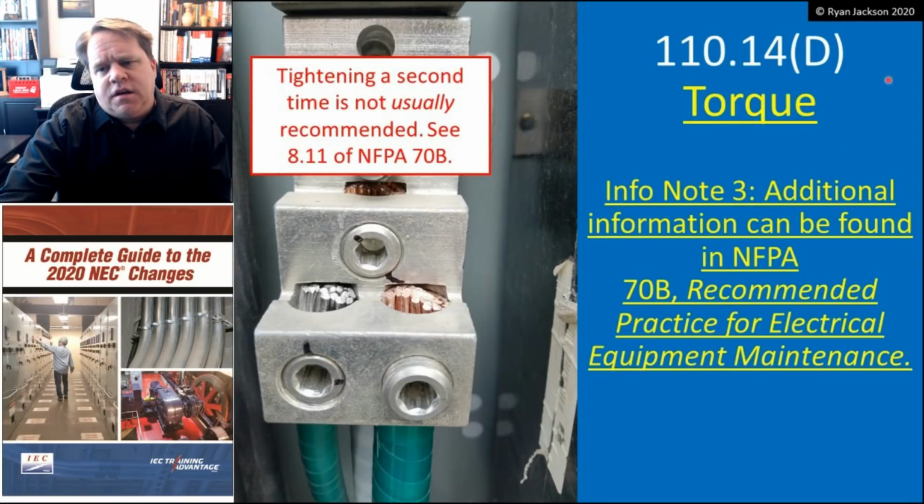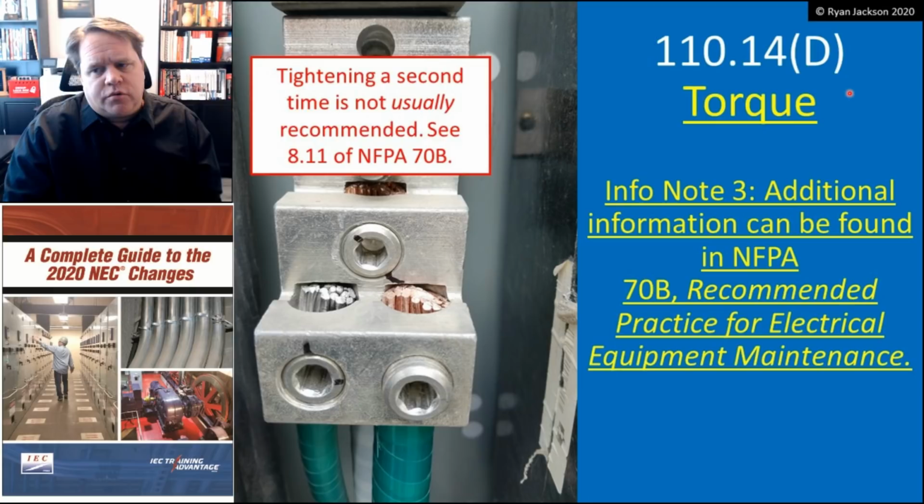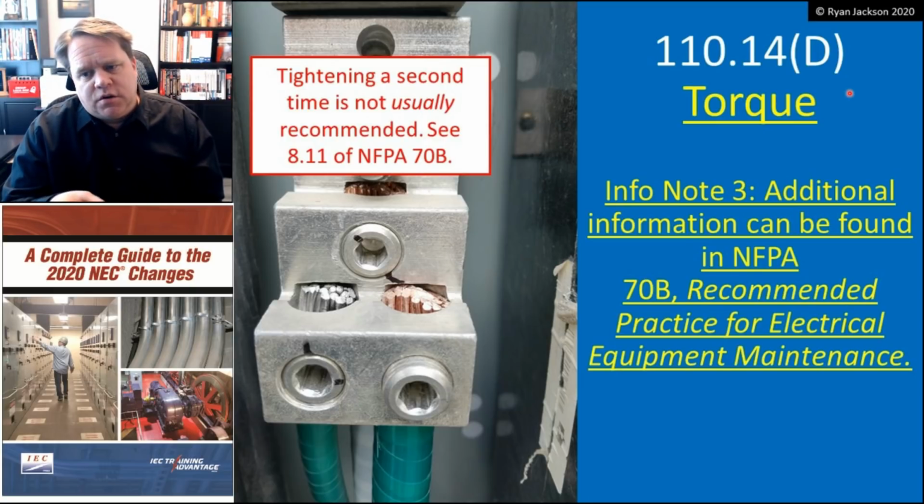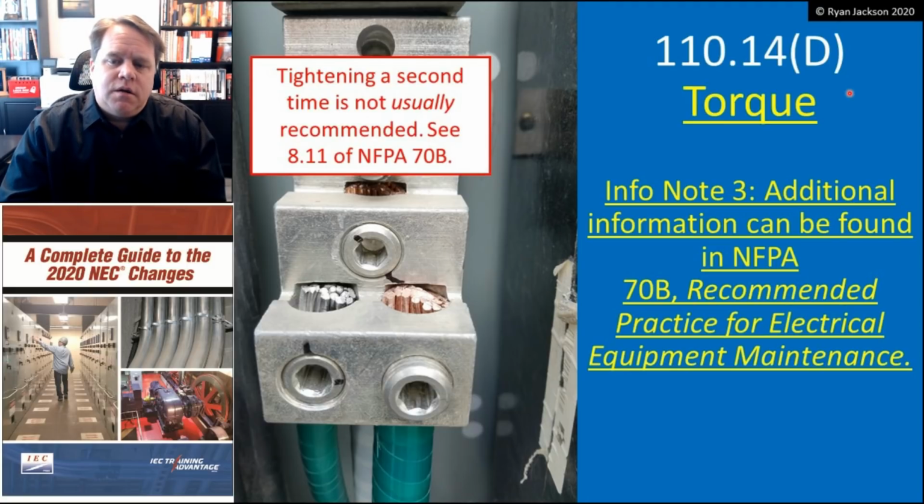The last thing that they did is they added informational note number 3, which I found very useful. It says additional information can be found in NFPA 70B, which is the recommended practice for electrical equipment maintenance.